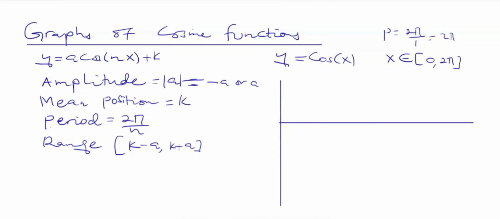So the amplitude is 1 there and -1, and the period is 2 pi.